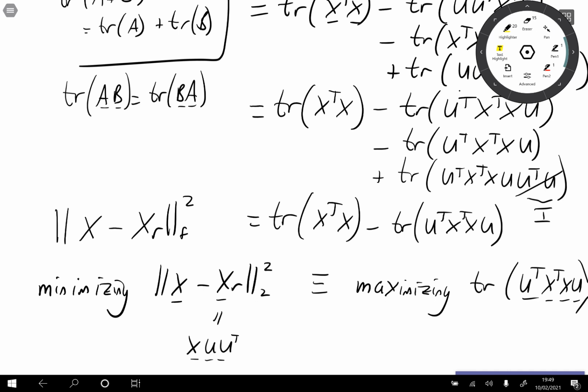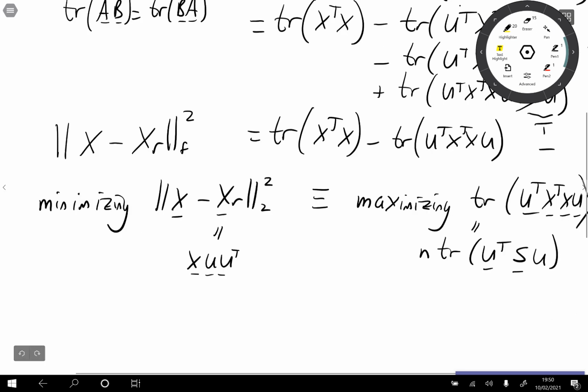But this you'll recognize as n times the trace of U transposed sample covariance matrix times U. So this was our PCA problem.